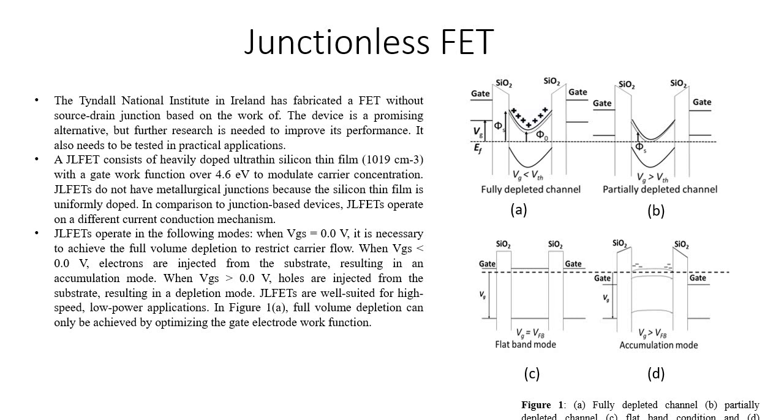Now, flat band means when your gate voltage is equal to flat band voltage, meaning your channel just started the current conduction, and in accumulation your gate voltage is greater than flat band voltage. So this is the basic of junctionless transistor, how it conducts.